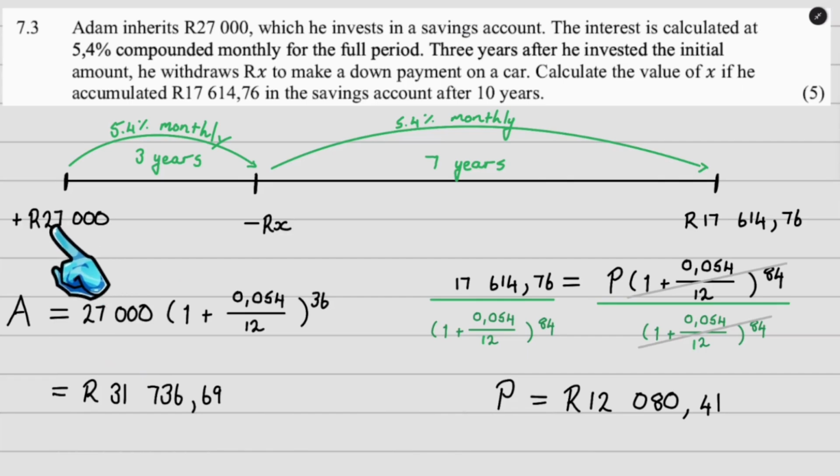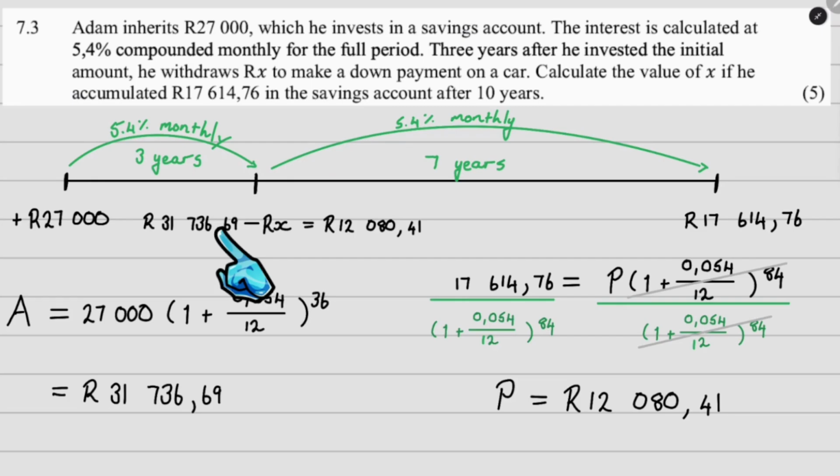So after 3 years, this sits and it becomes this amount of money after gaining a bit of interest. And if I take that money and take away the withdrawal Adam made to pay for his deposit on the car, then it's going to leave me with this 12,080 Rand with 41 cents. So to get this missing X value, I just have to say this amount minus this amount.